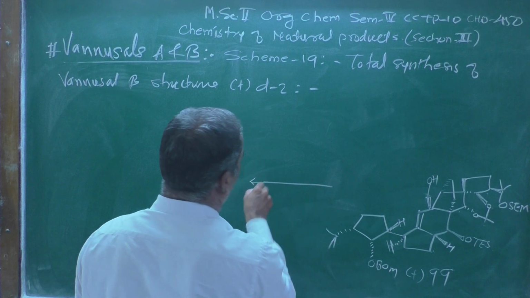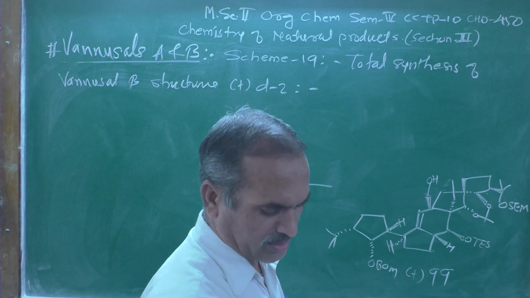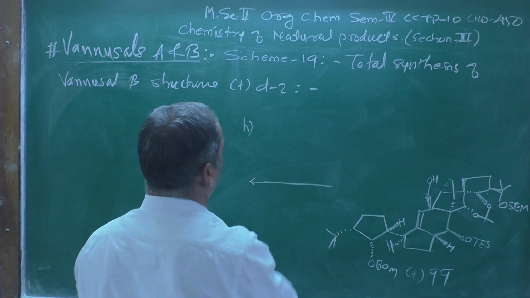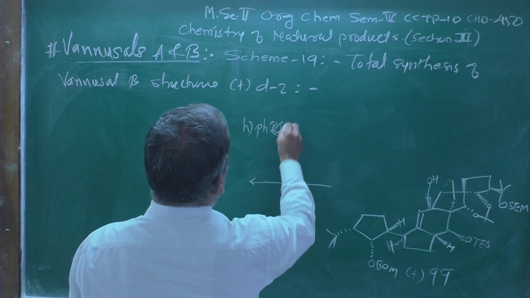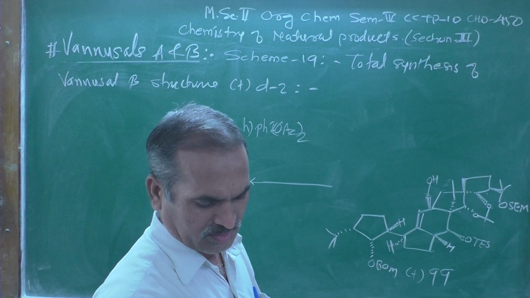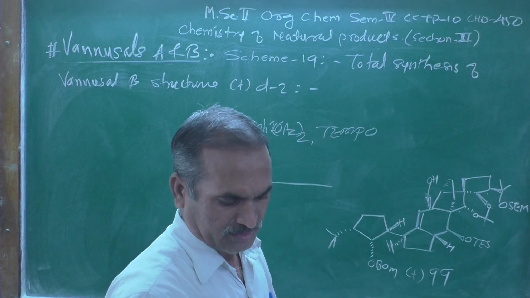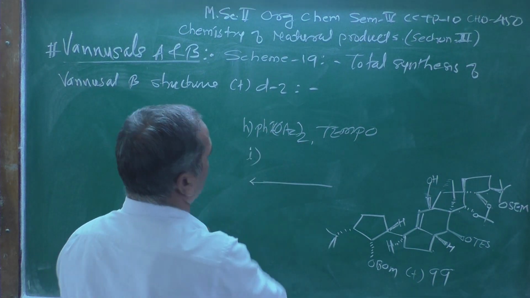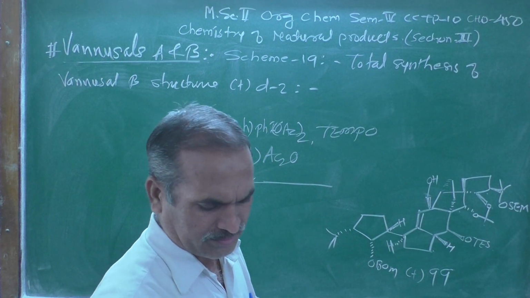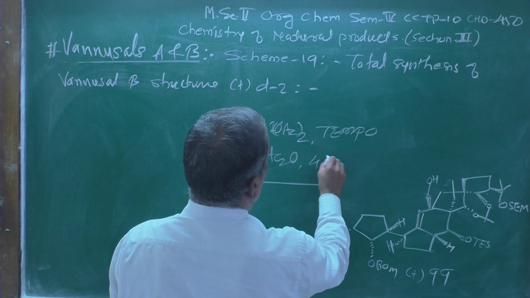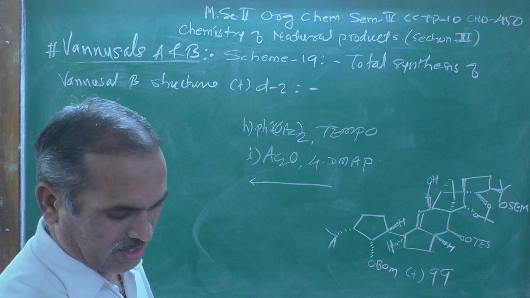You just remember, you stay with your connectivity, and now this 99 structure when added the reagent H, which is PhI(OAc)2, in TEMPO, as well as the reagent I, which is Ac2O, acetic anhydride, in 4-DMAP, that is the reagent added.